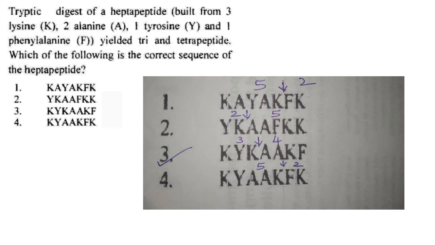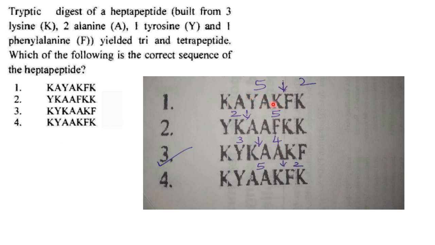Now trypsin digests the carboxyl side of lysine and arginine. K is lysine, R is arginine. R is not there anywhere in the sequence, only K is present. But trypsin is an endopeptidase. It doesn't digest at the ends. So the terminal lysine will not get digested. But here it will get digested because it is inside of the peptide.